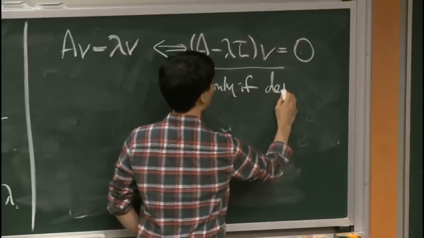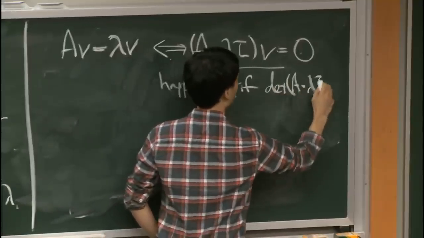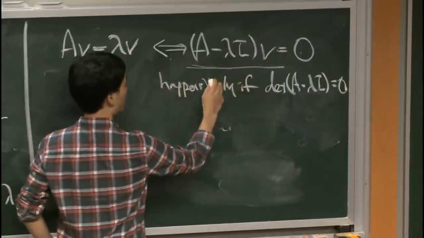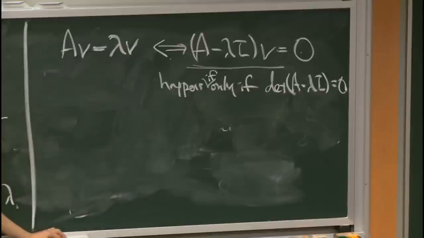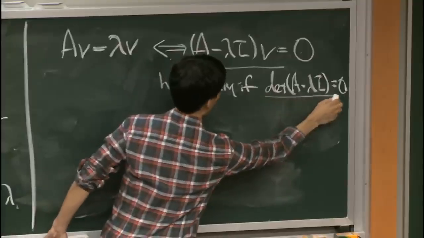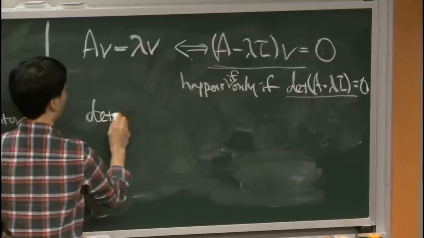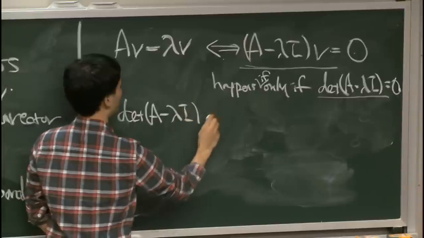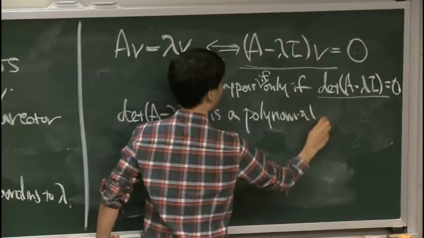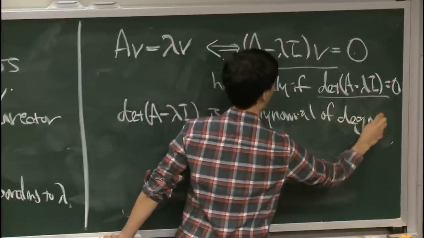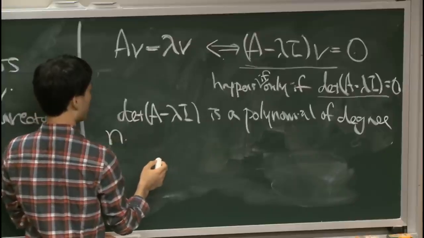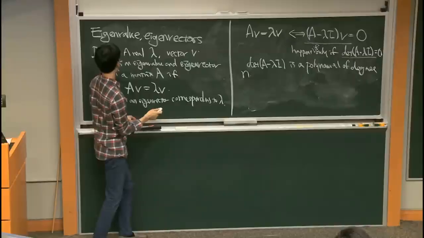So the determinant of A minus lambda I is equal to 0. If and only if, in fact. Okay. Now comes a very interesting observation. The determinant of A minus lambda I is a polynomial of degree n. Okay, I made a mistake. I should have said this is only for n by n matrices.